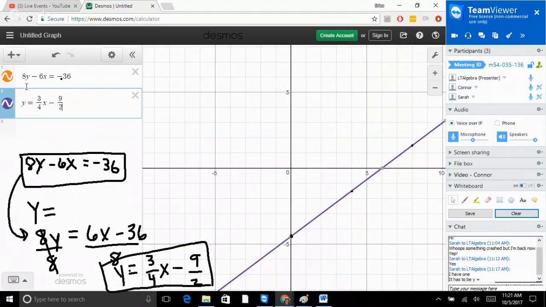So you'll see the orange and the purple line are in the same spot. All right, so fun with graphing, right?